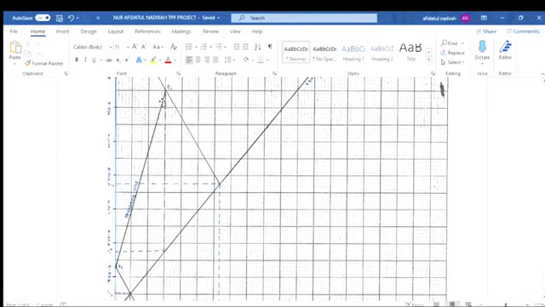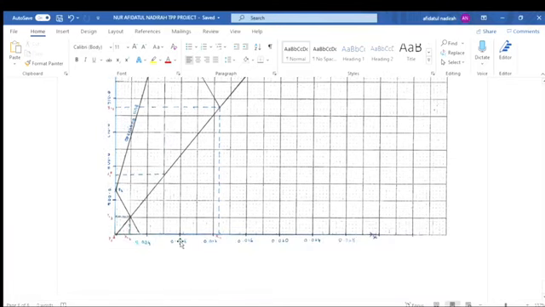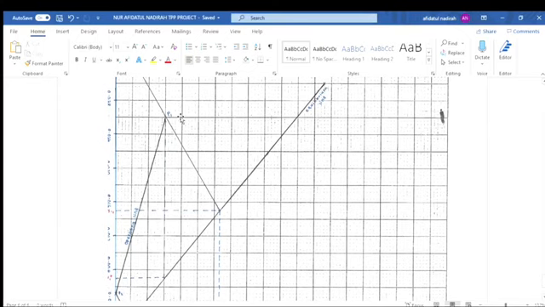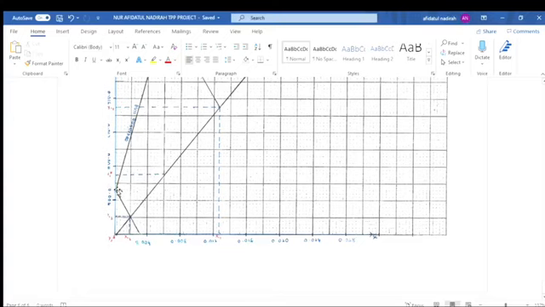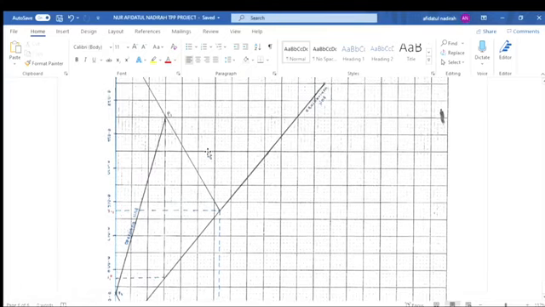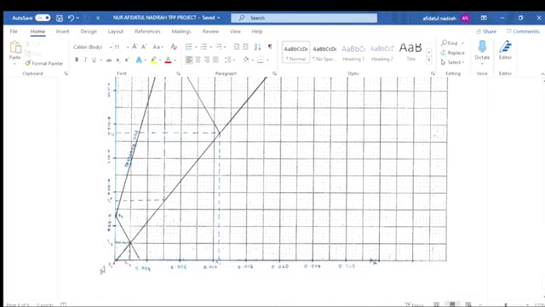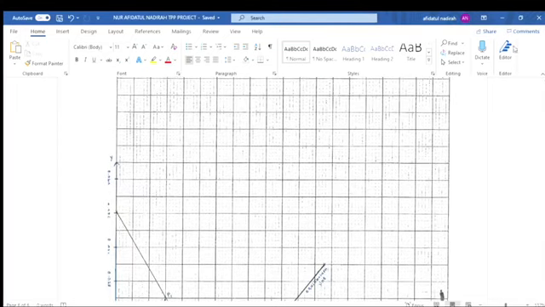This is the operating line, for which the first coordinate is 0.006479 and 0.026, and the second coordinate is 0 and 0.005. So this is how we plot the operating line and the equilibrium line.